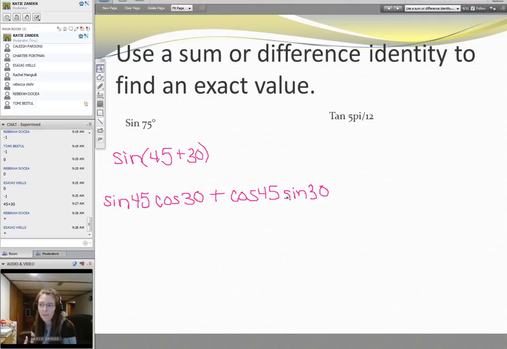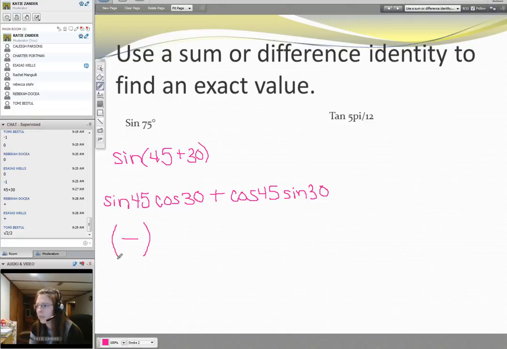We know what sine of 45 is, we know what cosine of 30 is, and the remaining pieces as well. So let's go ahead and substitute in those values. Let's start out with sine of 45. That's our square root 2 over 2.